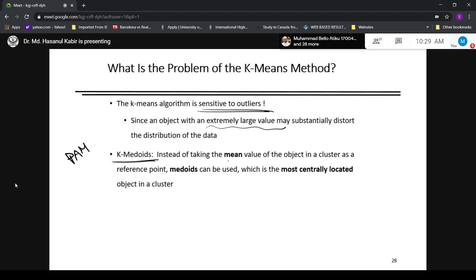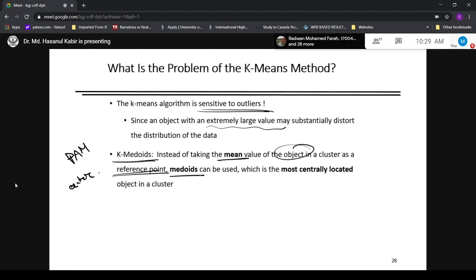So instead of taking the mean as the cluster center, the basic difference is that we are going to pick one of the objects. We will take one of the objects as the center point, the reference point. Since we are taking a member as the centroid, that is known as a medoid.